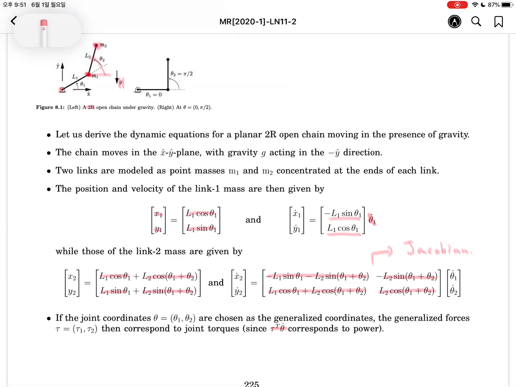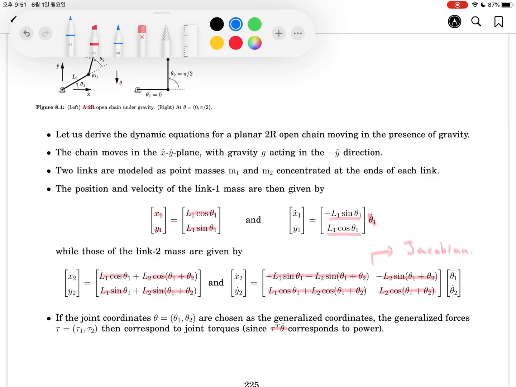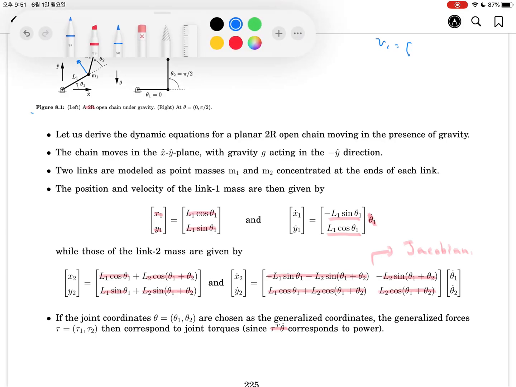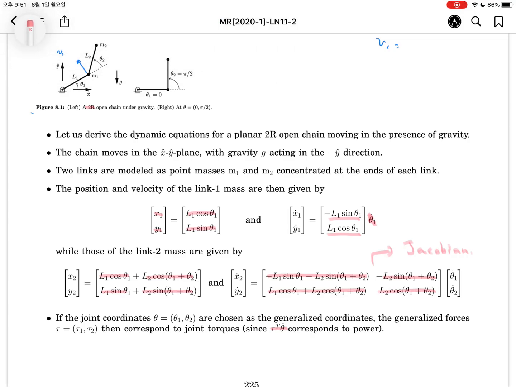Okay, let me obtain the velocity of the second mass. Maybe you know the linear velocity v1 is obtained using a scalar quantity, L1 zeta 1 dot. Is it right?